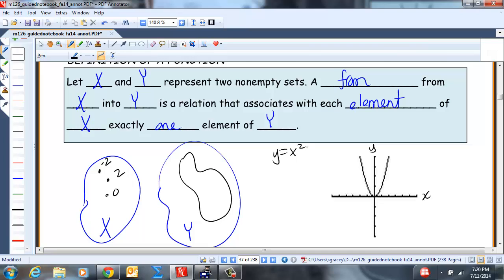So you can actually do something called a map. You can map these values and you get something called an image. This image, if you plug -2 in, gives you a result of +4. Guess what? +2 also maps to +4. 0 maps to 0 because 0 squared is 0.